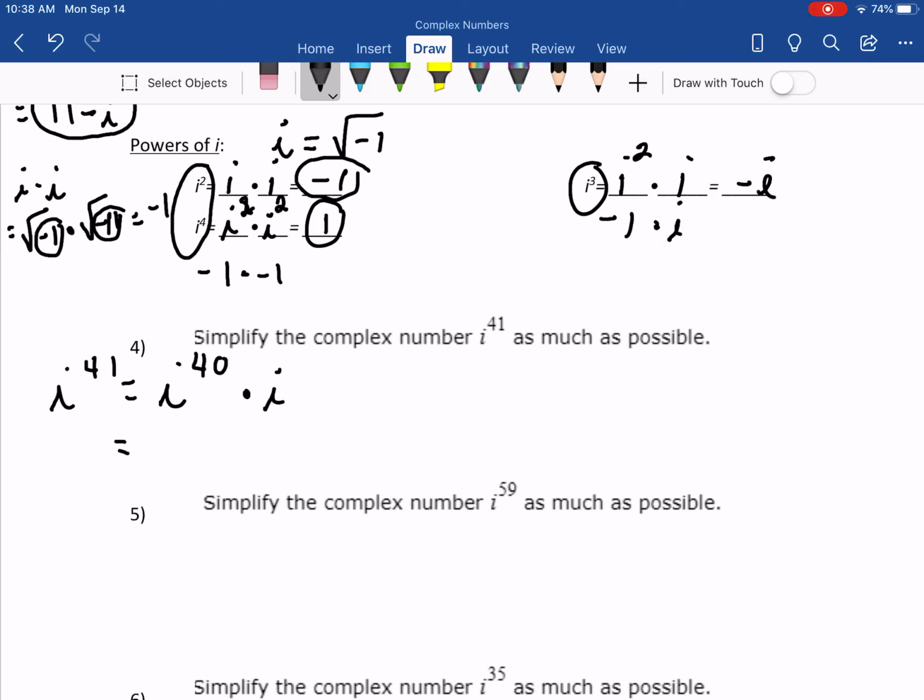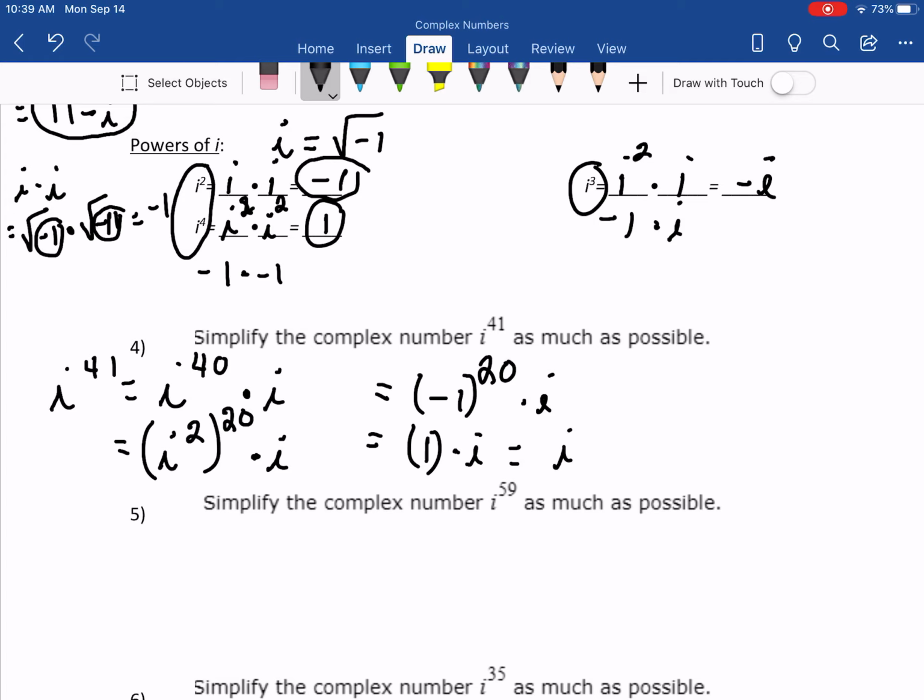That's going to be i squared to the 20th times i, but i squared is negative 1, so negative 1 to the 20th times i. Now we're back to our even and odd powers of negative 1. For even powers of negative 1, we said they're equal to positive 1. So this is 1 times i, which will become i.